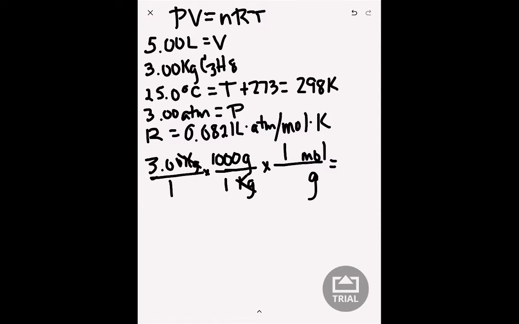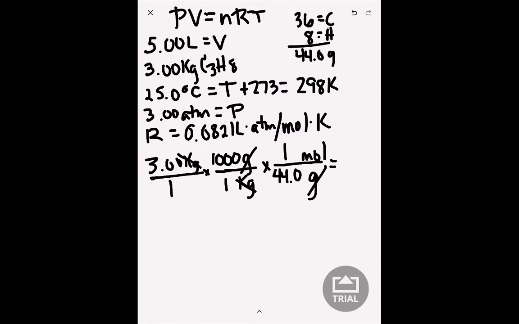So again, carbon, there's 3 carbons, so that's 36. And there's 8 hydrogens, and so that's 8. And so 44 grams in 1 mole. So 44.0 grams in 1 mole. So then, got to use my calculator.